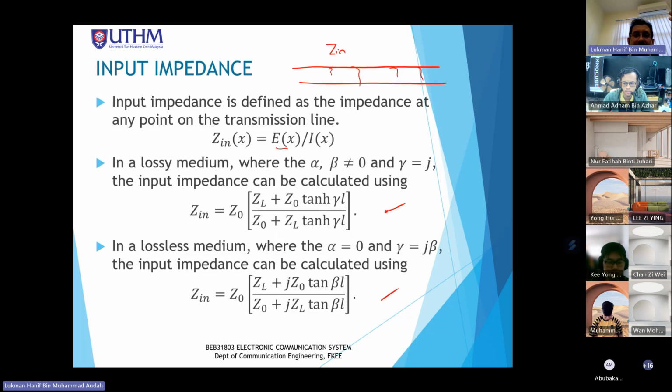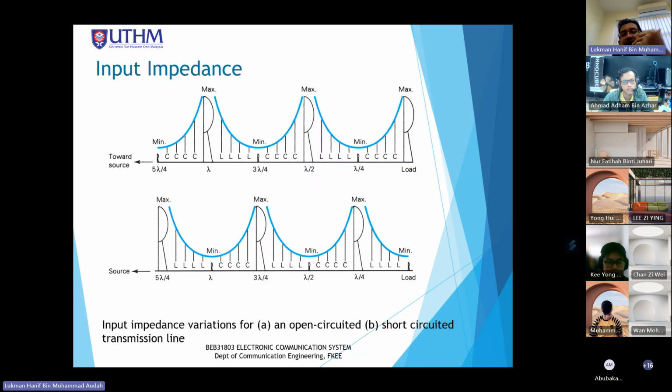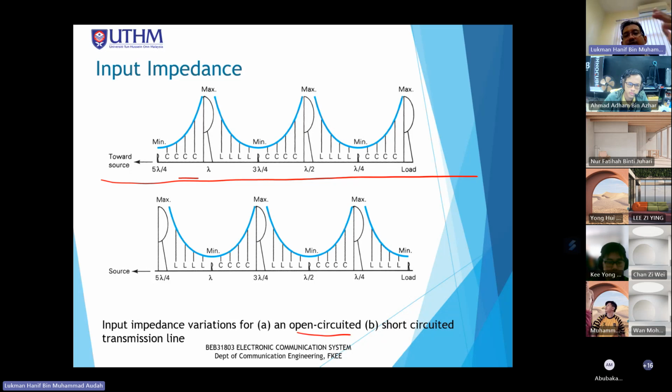So I move to the next part. Again, this is also input impedance. The input impedance along the transmission line can behave in different ways like this. You see there are two pictures, above and below. The picture above is for an open circuit, which means the load side is open.